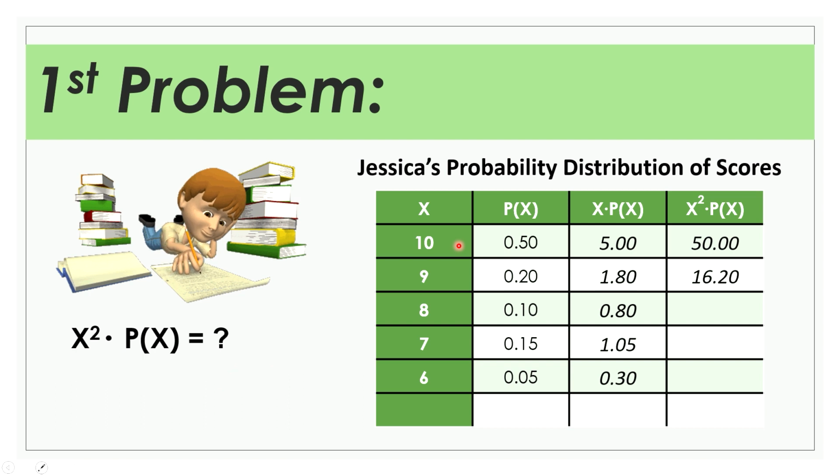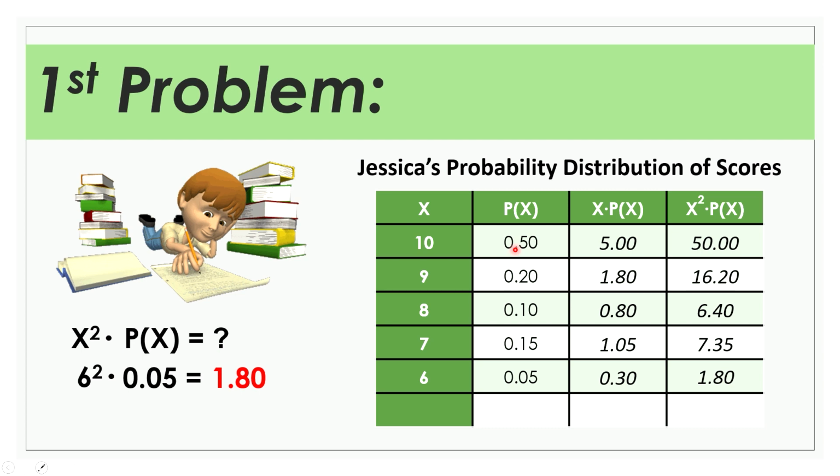Then 8 squared multiplied by 0.10 is equal to 6.40. Next is 7 squared multiplied by 0.15, which is equal to 7.35. And the last one is 6 squared multiplied by 0.05, which is equal to 1.80. So nakuha na natin lahat ng value ng ating x multiplied by p of x and also the x squared multiplied by p of x.